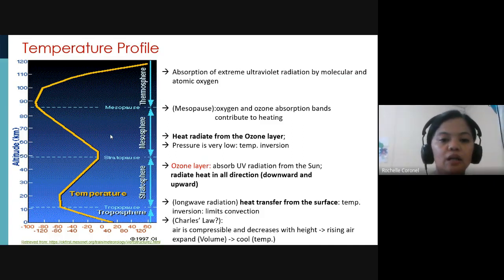What is common with these profiles is that the profile depends on the source and on the direction of heat. So where is the direction of heat transfer, or where is the source of heat transfer?